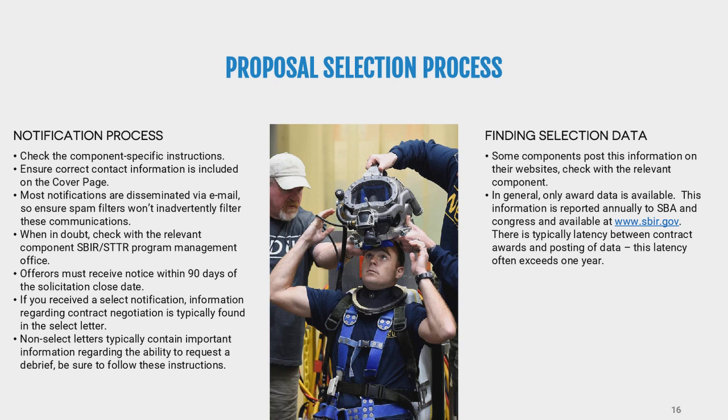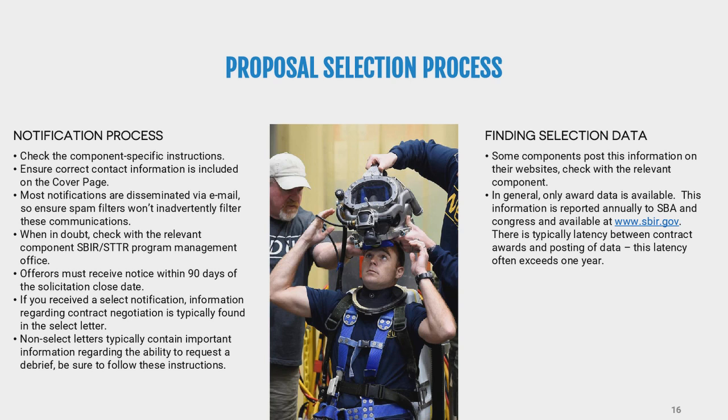The debrief is going to be feedback on your proposal, and we'll go more into the debrief a little bit later. But if you were selected for award, it's also going to give you some information regarding the timeline of what you can expect moving forward. Very quickly, the SBA guidelines and the legislation that authorizes the SBIR and STTR programs are very explicit.